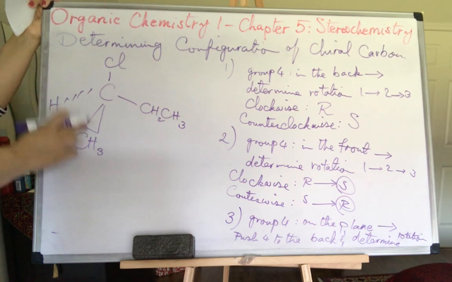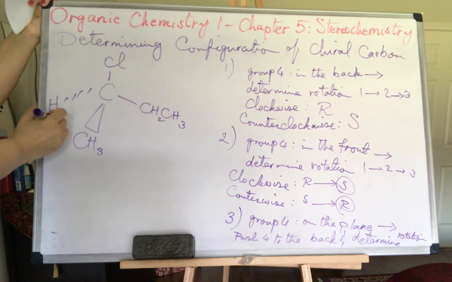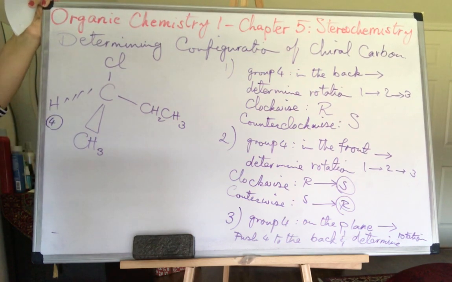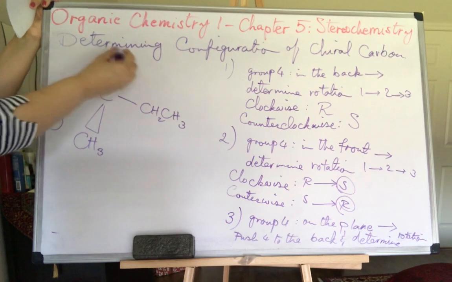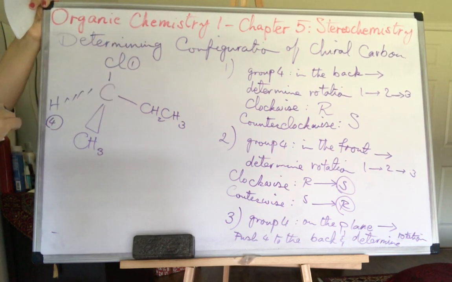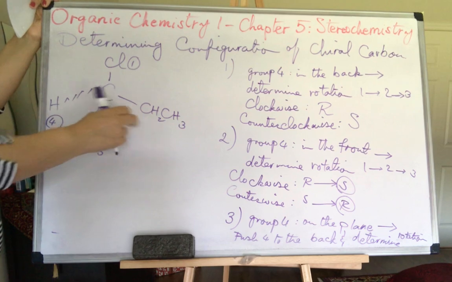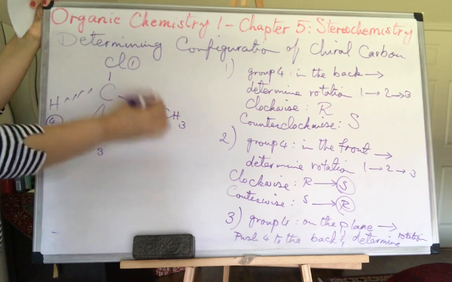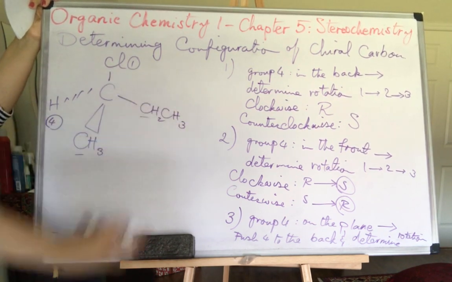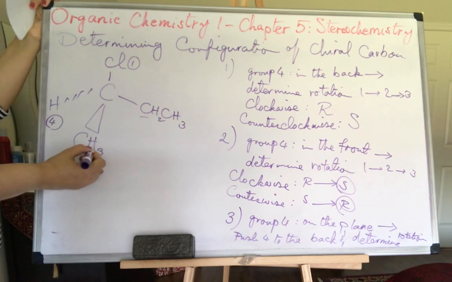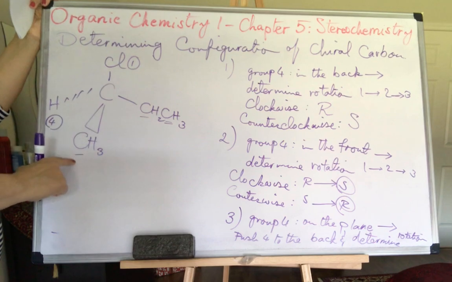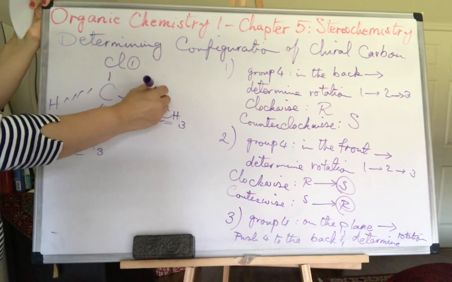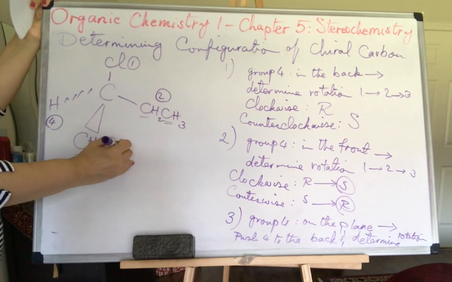Among all of these, hydrogen has the lowest atomic number, 1. So it's always group 4, if you have it. Chlorine, carbon, carbon. Chlorine has higher atomic number, so this is group 1. Between these two, what was the rule? Carbon and carbon are the same, so let's move further. 3 hydrogens, but 1 carbon. So carbon is prior to hydrogen. So this is group number 2, this is group number 3.